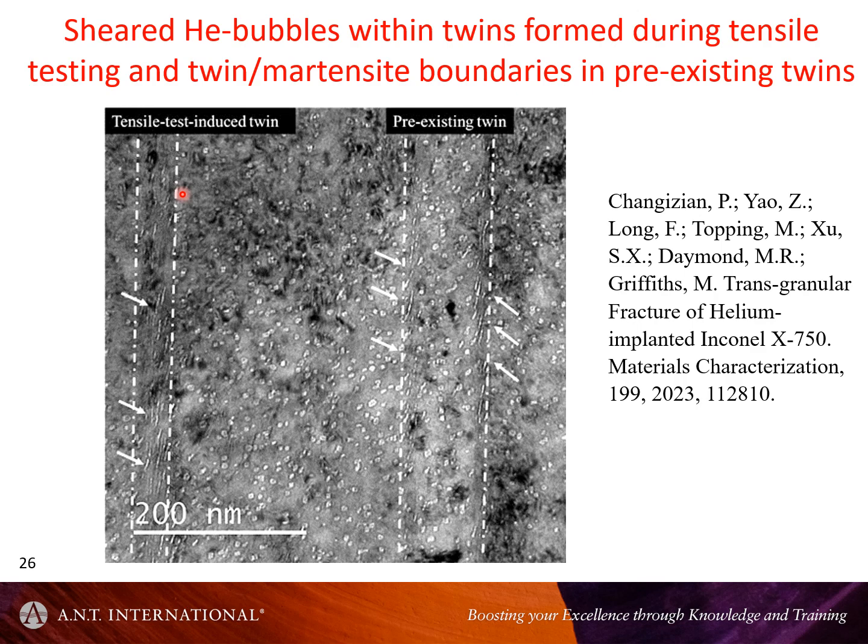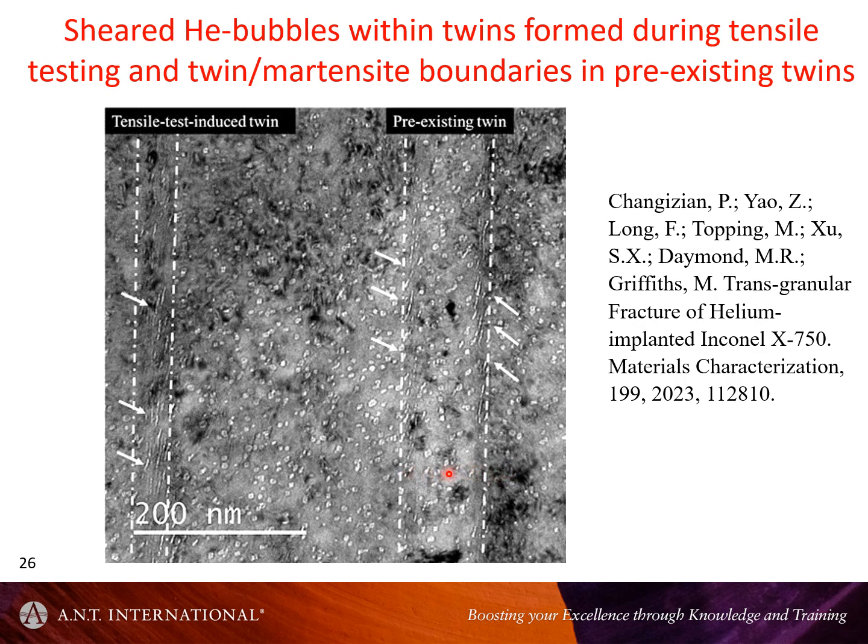But another feature that Puyen noted was that in some of the pre-existing stuff, and we know it's pre-existing because it contains helium bubbles even within the boundaries of the feature. And I know we have to read the paper to see that this is actually a complex twin structure.